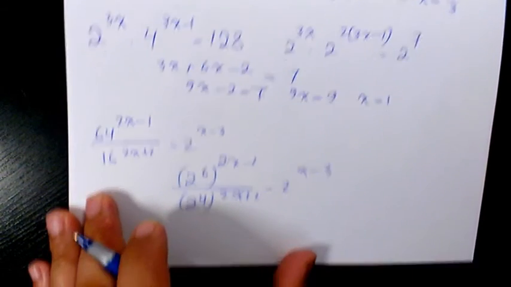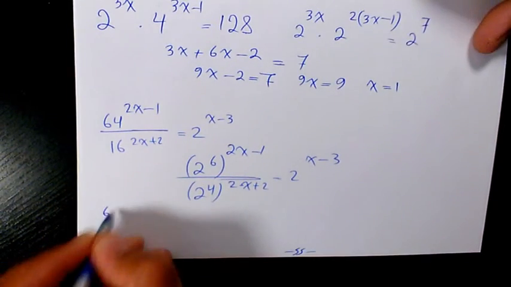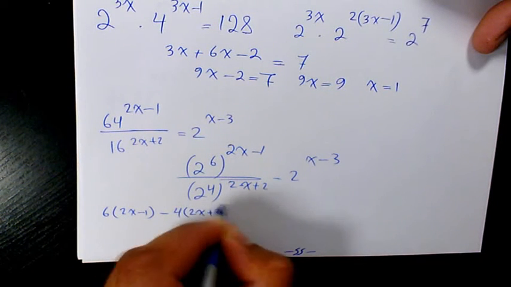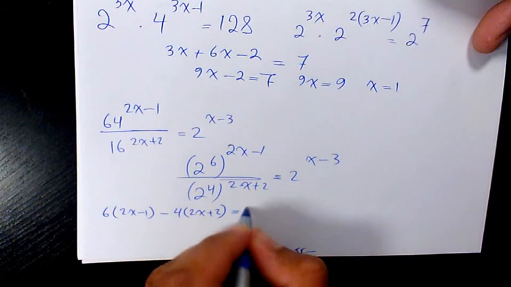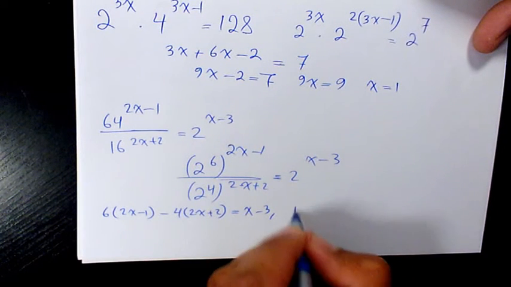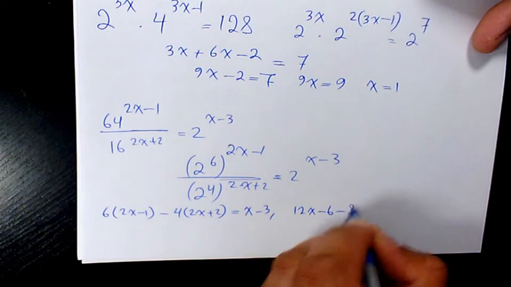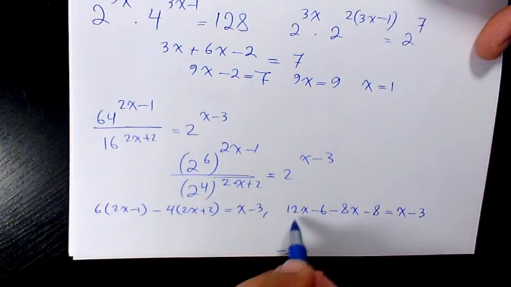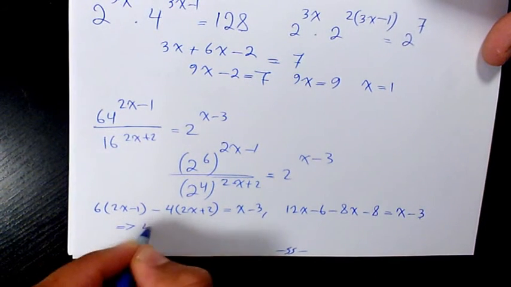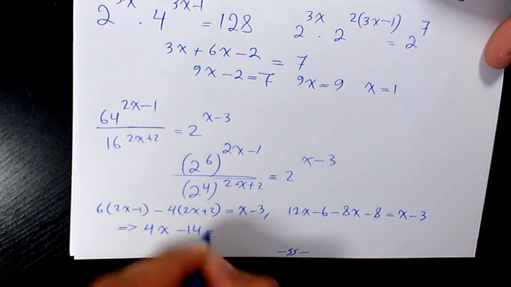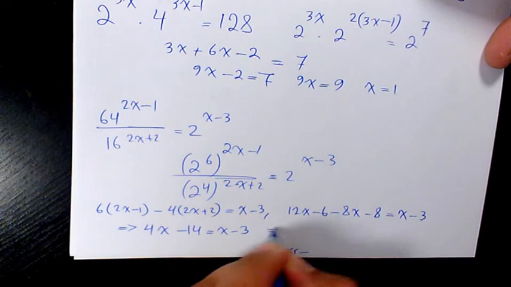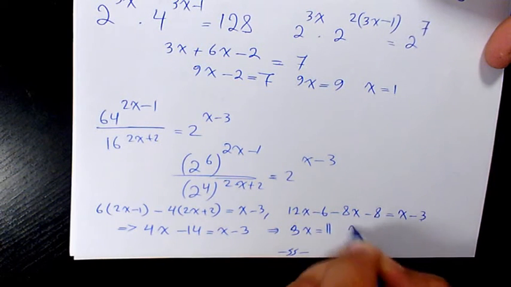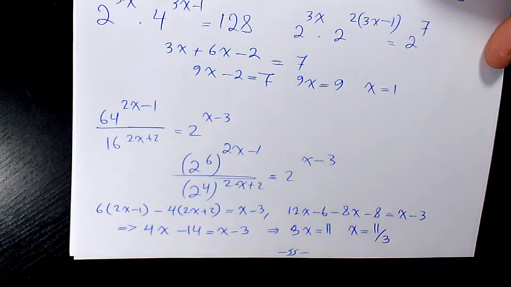So then you can say that's going to be 6 times 2x minus 1 minus 4 times 2x plus 2 equals x minus 3. So it's going to be 12x minus 6 minus 8x minus 8 equals x minus 3. So that's going to be 4x minus 14 equals x minus 3. 3x equals 11. So x equals 11 over 3.